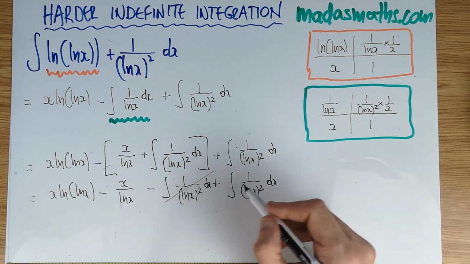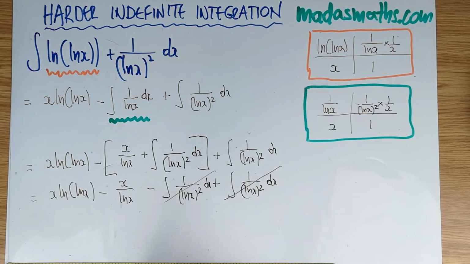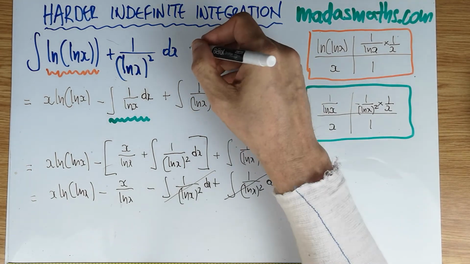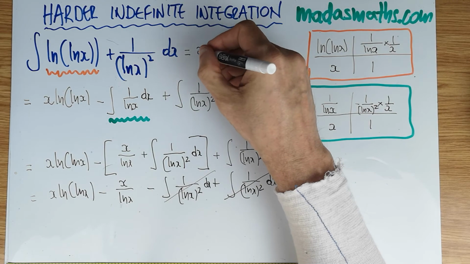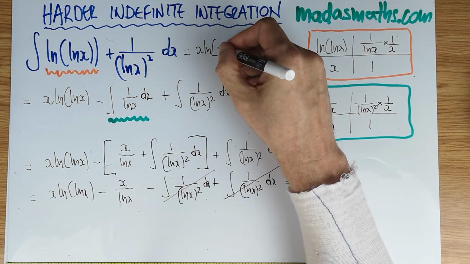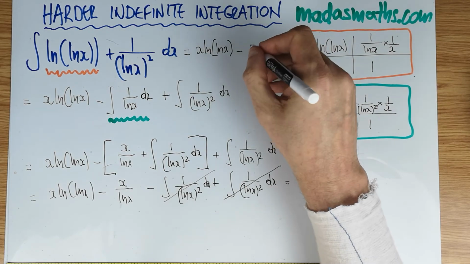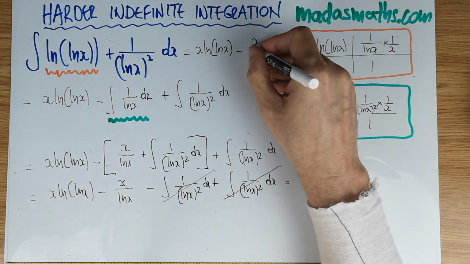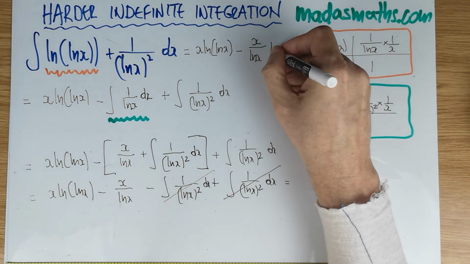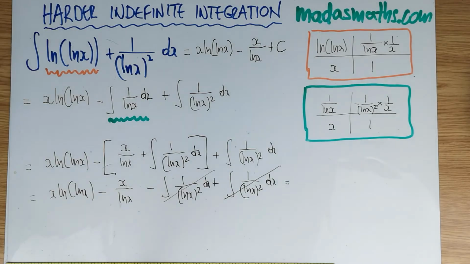These two quantities will cancel, and therefore the answer, I'll write it up here, is x times the log of x minus an x over the log of x plus a constant.